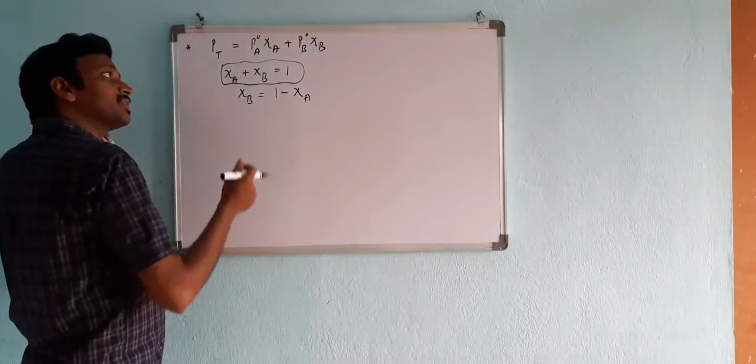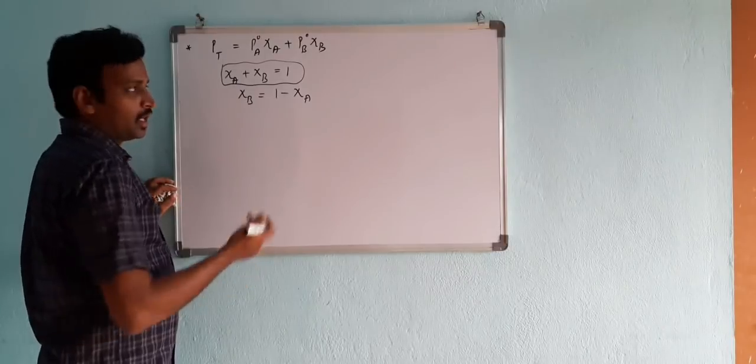Sir, how do we consider this if PA naught is greater than PB naught? Okay, let's see how.